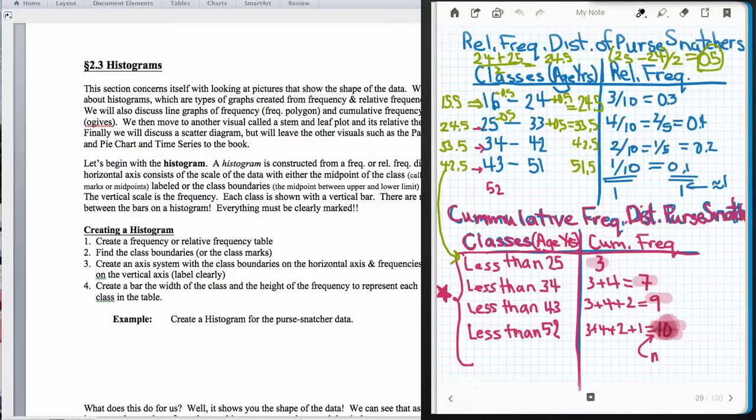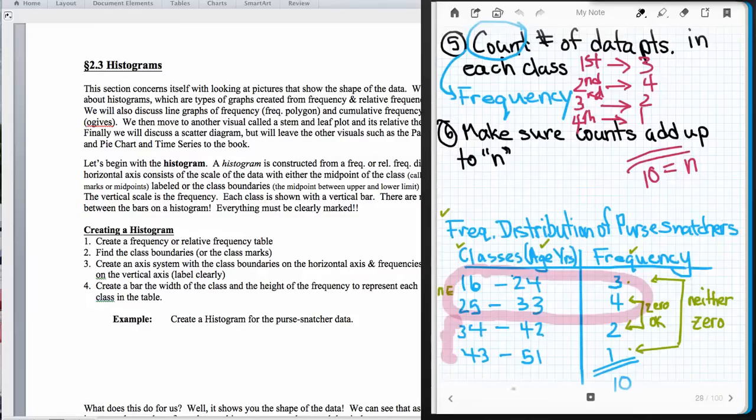So going back here, remember these were the relative frequency distributions and the cumulative frequency, and this was our frequency distribution for the purse snatchers. So we had classes 16 to 24, 25 to 33, 34 to 42, 43 to 51, and then remember in the next video after this, I showed you how to find the boundaries.